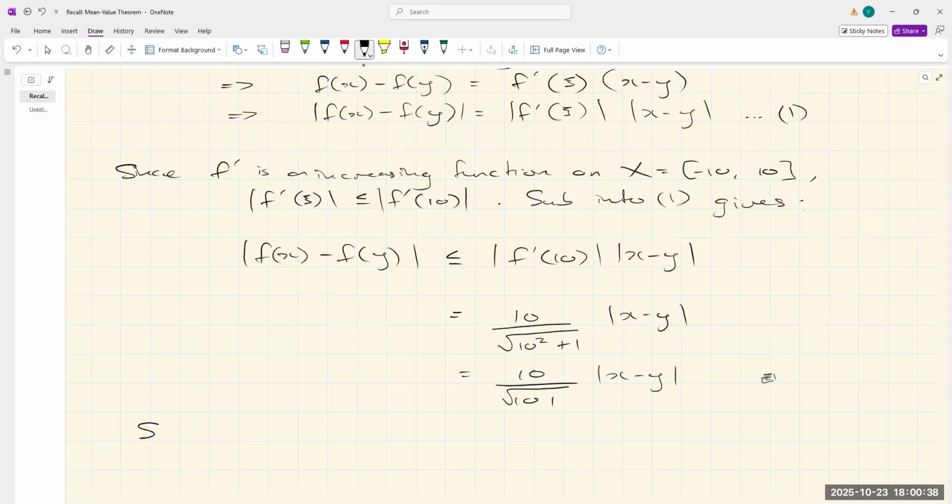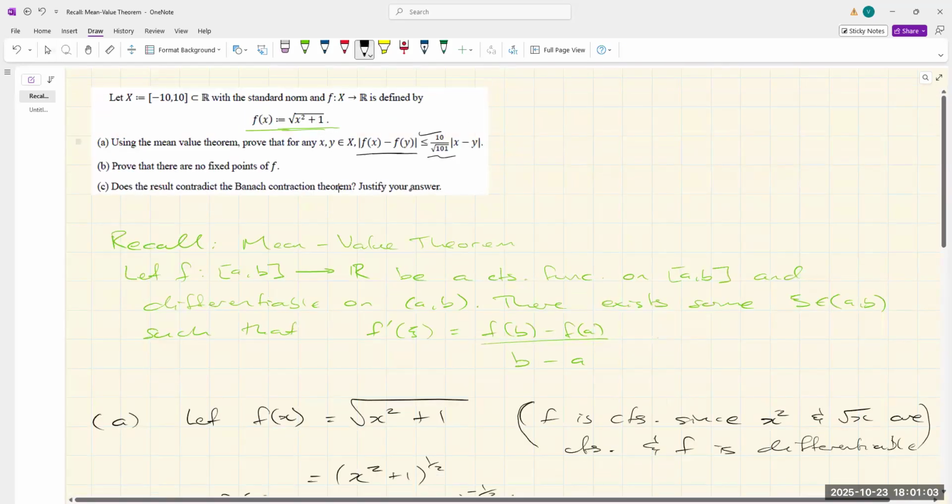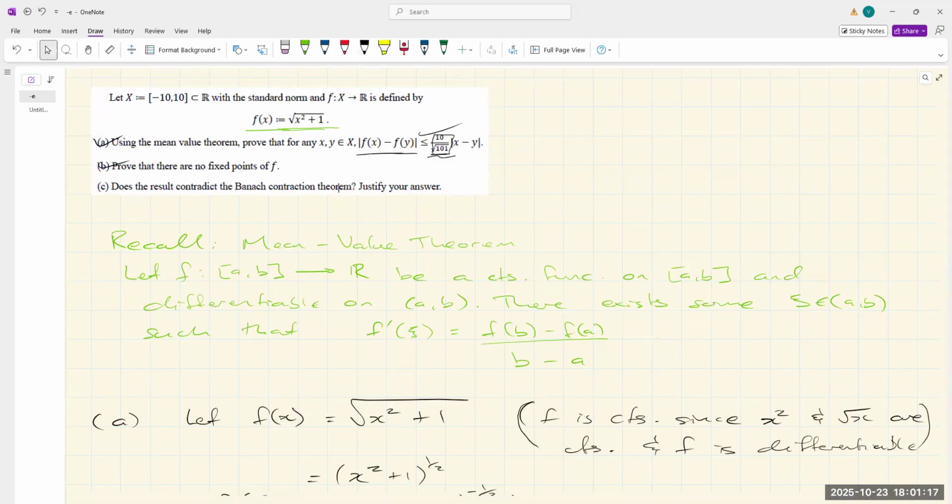Since 10 over square root 101 is strictly less than 1, f is a contraction map. I could just say it's a contraction map. So that's the first part that we wanted to prove. We proved this bound, and since the Lipschitz constant is strictly less than 1, it's a contraction map.